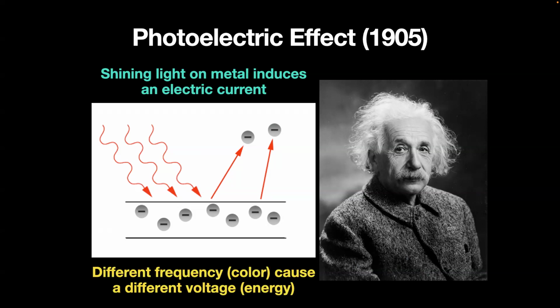He shined light on a metal and realized that this can cause a current. Not only that, but photons of different colors, of different frequencies, cause a different energy or a different voltage. So he showed that the energy was related to the color and that light can behave like a particle.